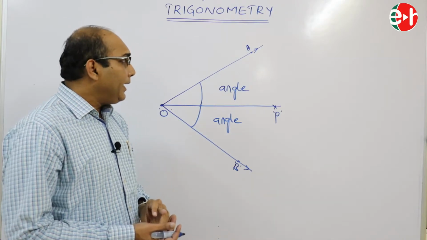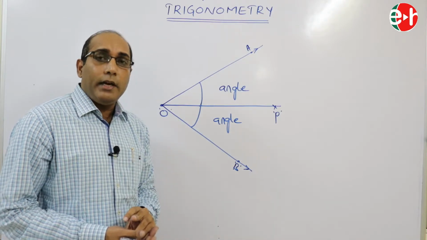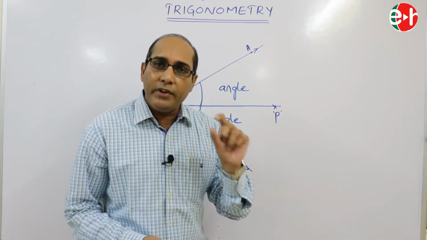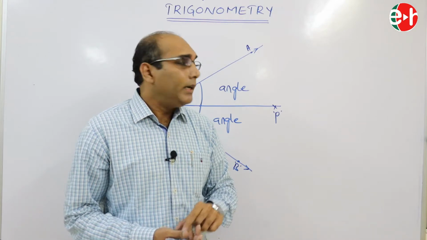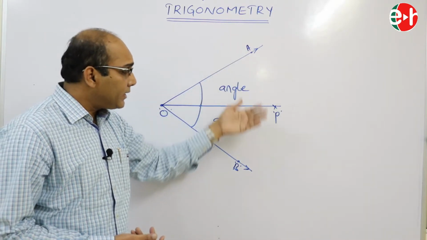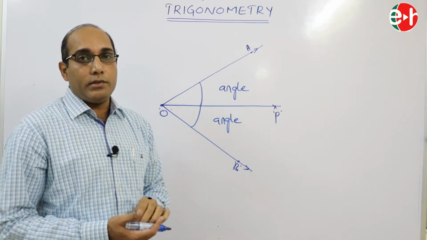So, the angle is nothing but the amount of rotation made by a line about a fixed point, in anti-clockwise sense or clockwise sense.